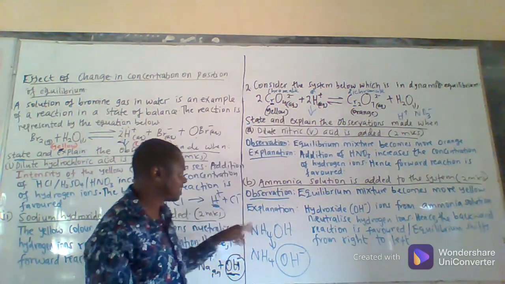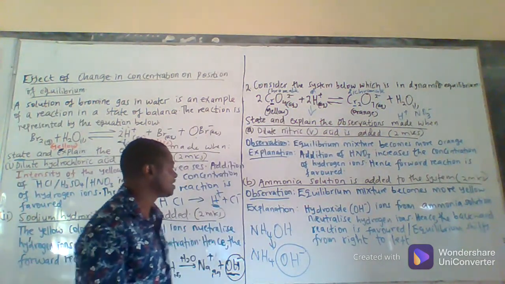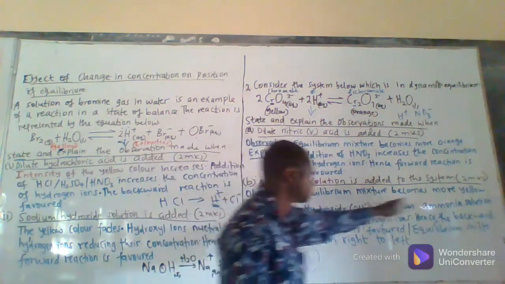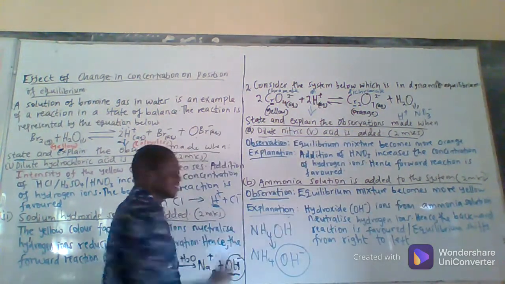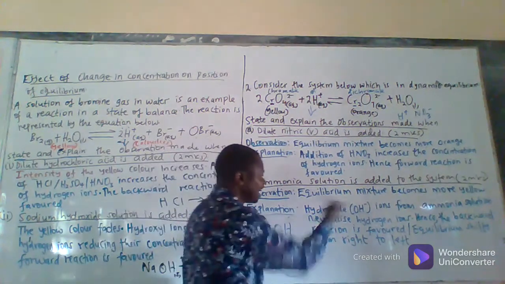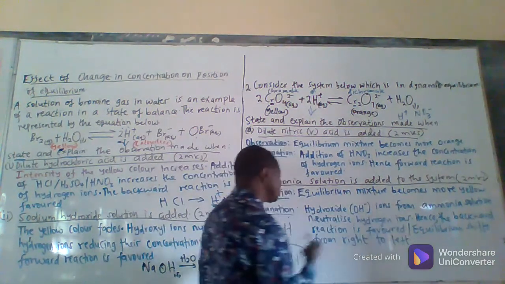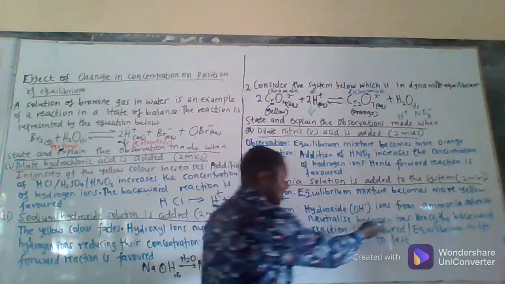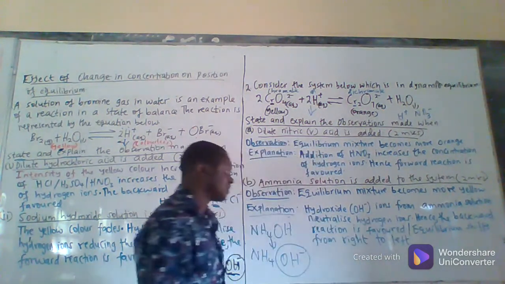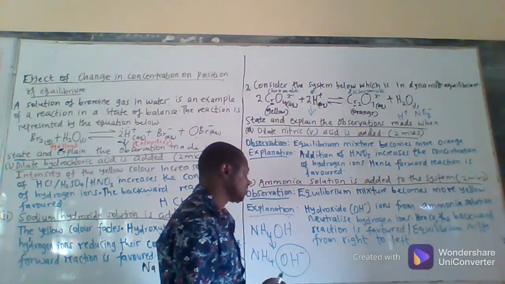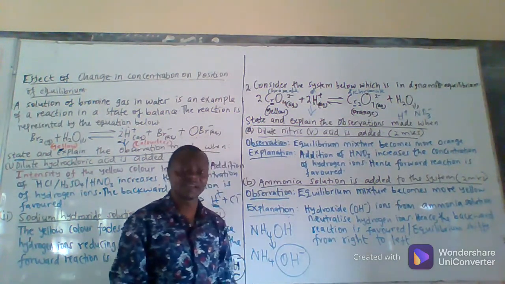So when you start by stating the observation, it is that the equilibrium mixture becomes more yellow. And the explanation is that the hydroxide ions from ammonia solution neutralize hydrogen ions. Hence, the backward reaction is favored, or equilibrium shifts from right to left.